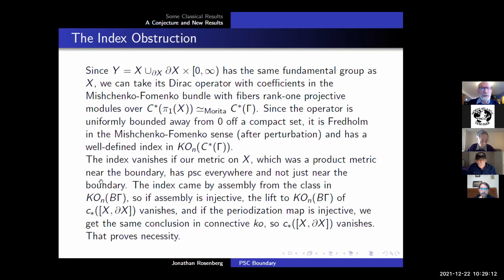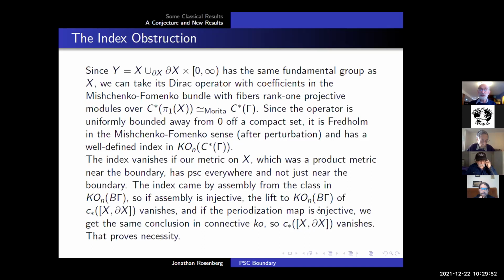So the index vanishes if our metric has positive scalar curvature everywhere, because then this Dirac operator is bounded away from 0, not just off a compact set, but everywhere. And the index, by the Mishchenko-Fomenko index theorem, is the image under assembly of the class in KO_n of B gamma. So if the assembly map is injective, that was one of our hypotheses, then this lift to KO_n of B gamma of the fundamental class of X vanishes.